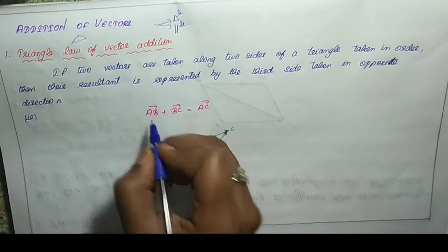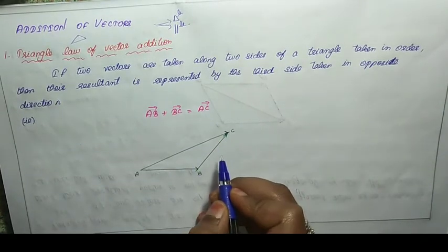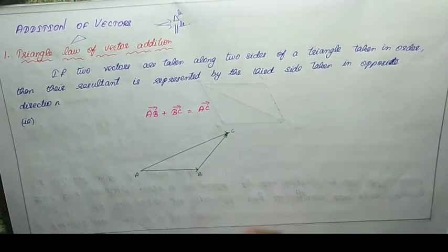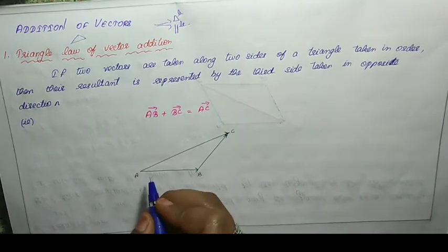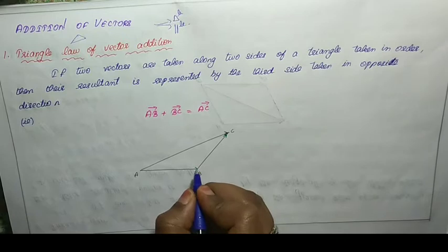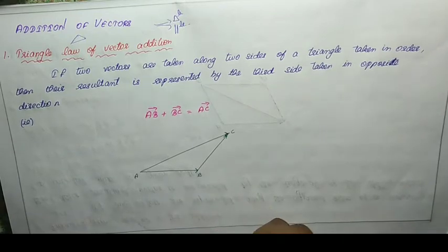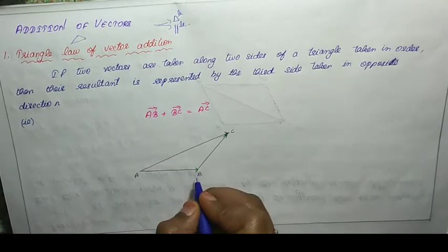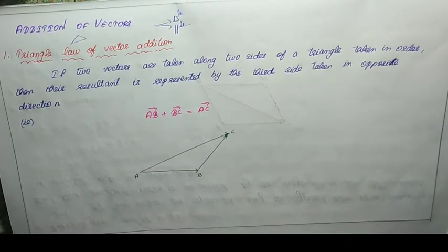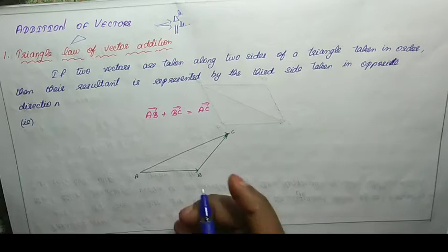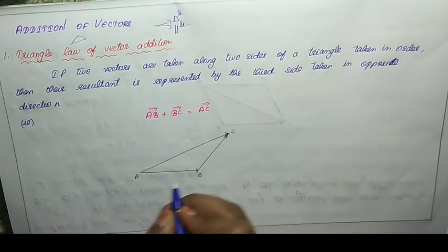Okay, so now I have given you an example, ABC. This is a triangle ABC. I have drawn the vectors. I have already taught you where the vector starts and where it ends. If there is an arrow mark, the vector is represented in the direction of the arrow.